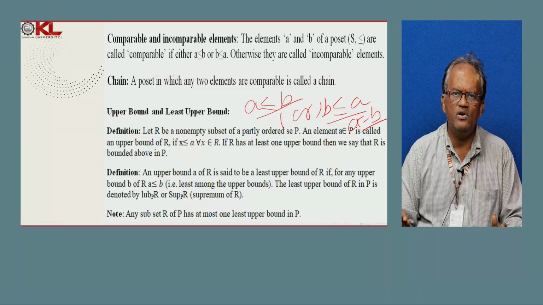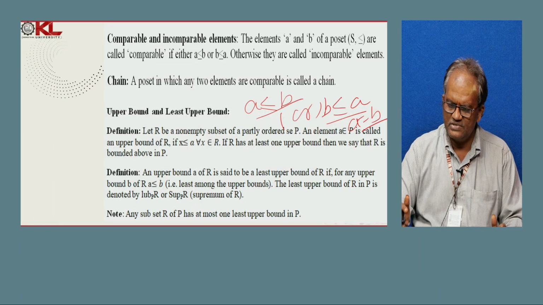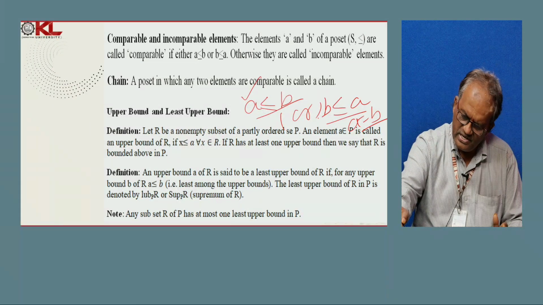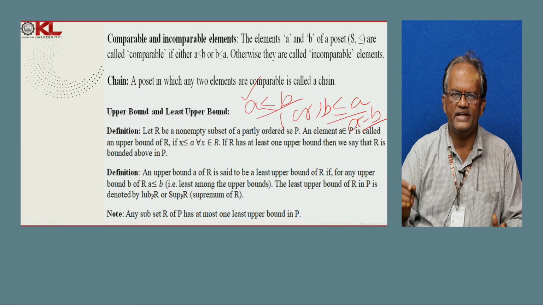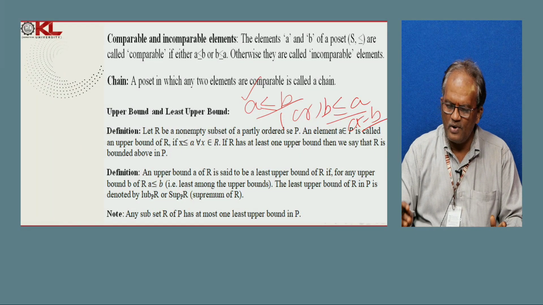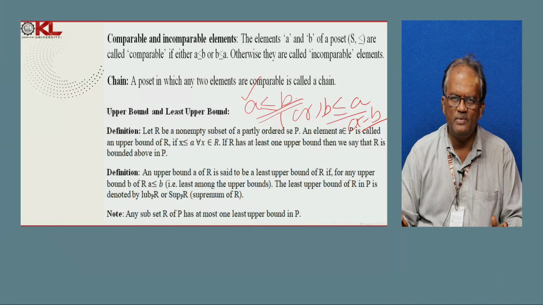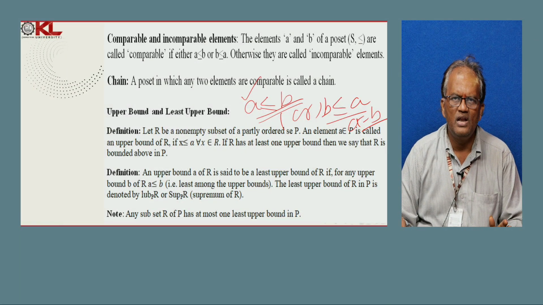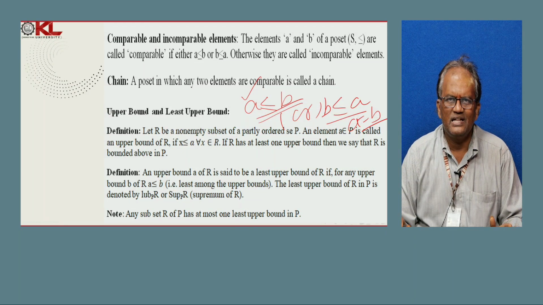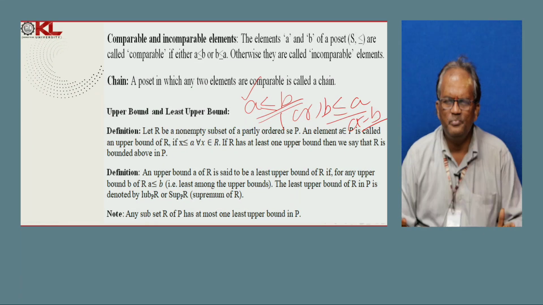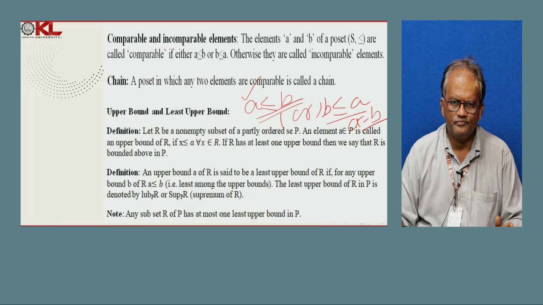A less than or equal to B means A is small and B is big, or B less than or equal to A means B is small and A is big. Writing any two elements with less than or equal to in this way, such a relation is called comparable, and we say the elements are comparable. If they are not comparable, you simply say incomparable.